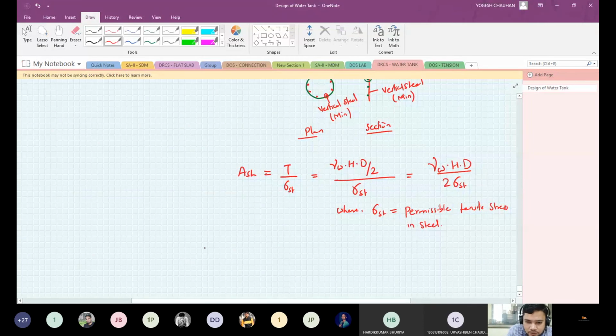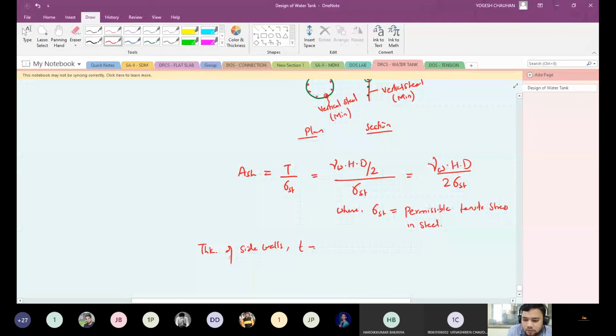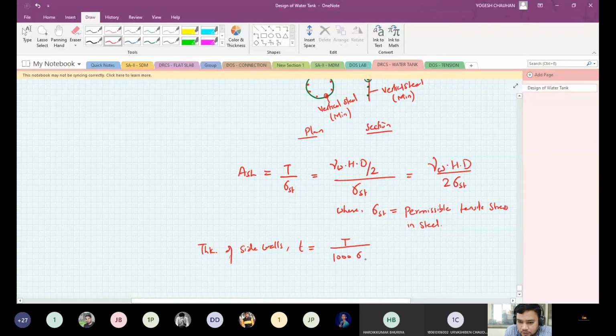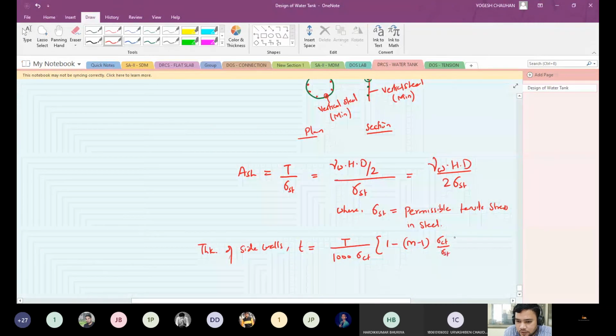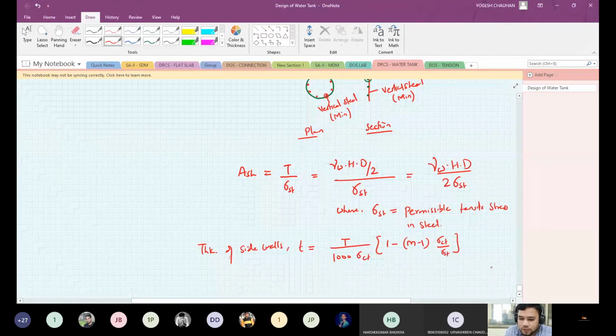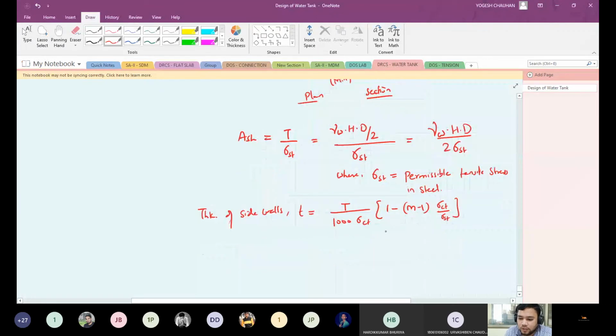The thickness of the concrete wall, or side walls, T is equal to total tension divided by, if you remember that formula, 1000 sigma Ct into 1 minus m minus 1 sigma Ct by sigma St. So using this formula, you can find the thickness.